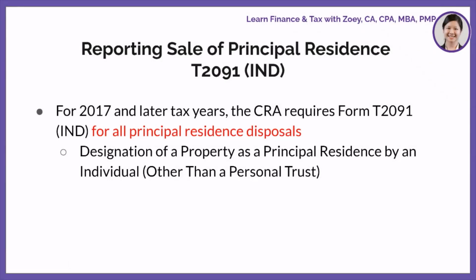In addition, for 2017 and later tax years, the CRA also requires Form T2091 for all principal residence disposals.